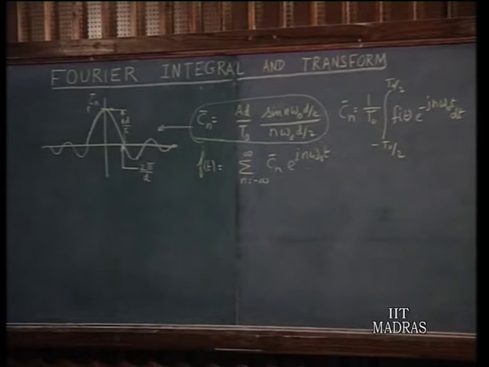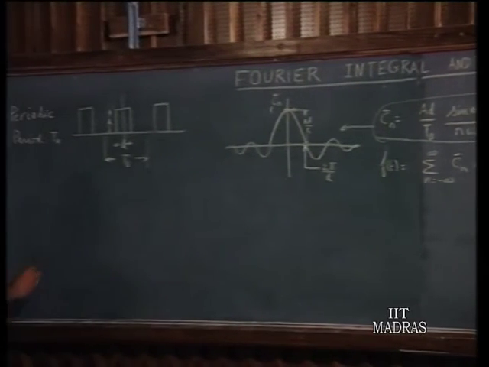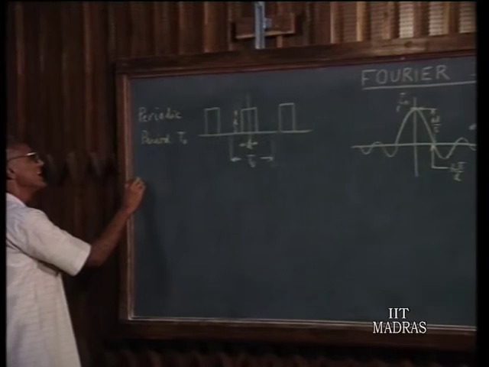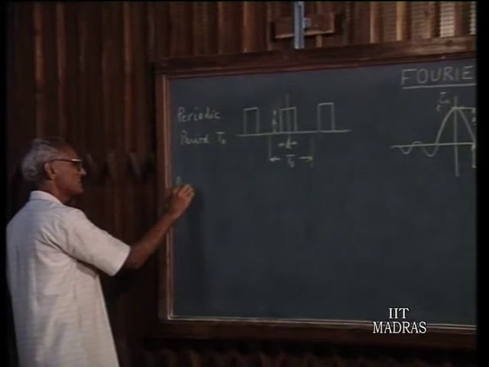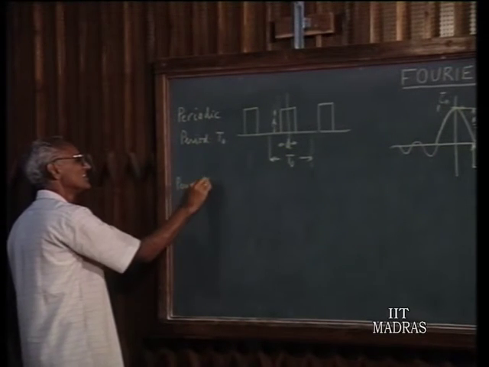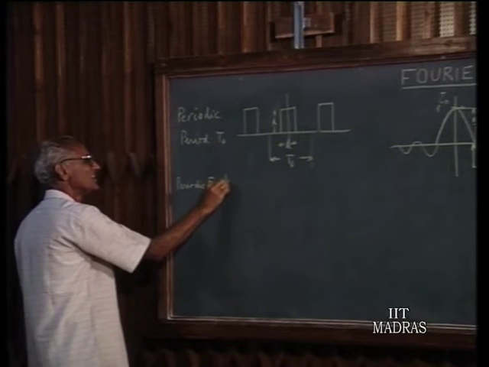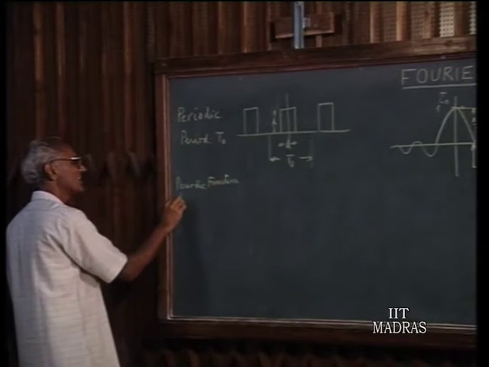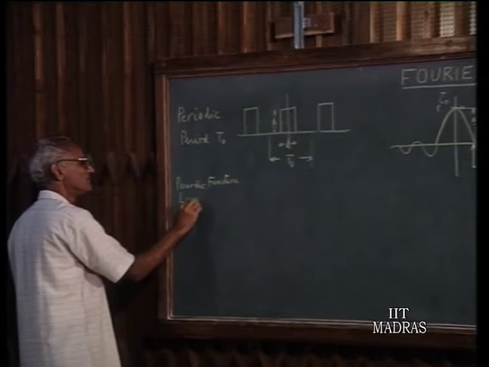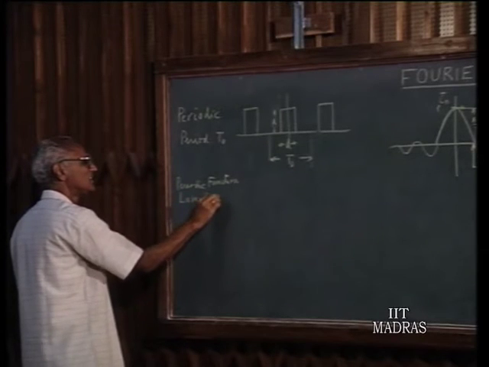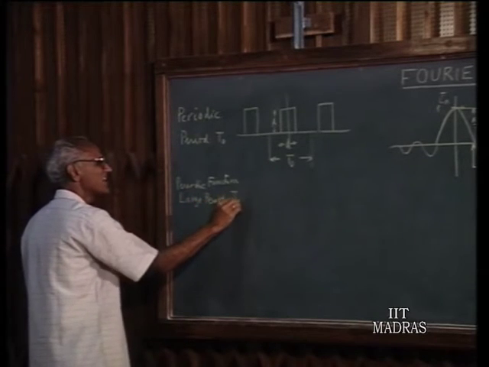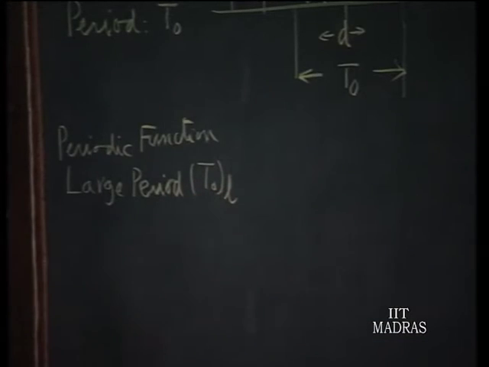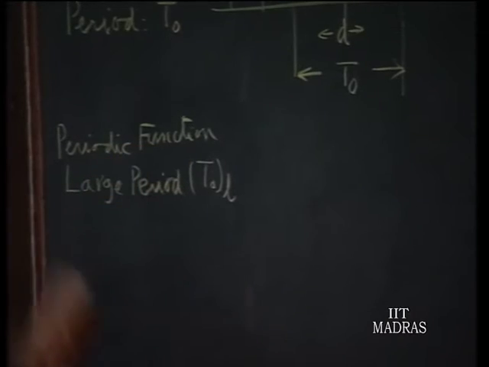Now, let us see what happens when we have a periodic pulse train, a periodic function again, but the period becomes very large. I will simply say T naught L to indicate that it is a large period. We have the same waveform, but the period becomes very large.